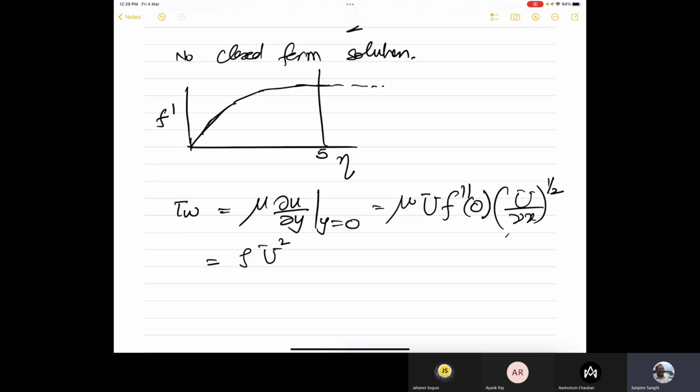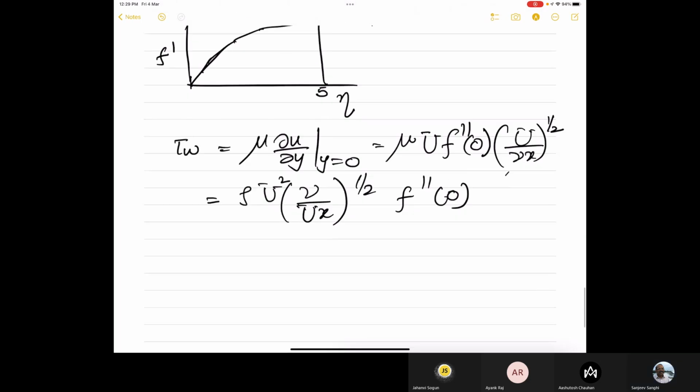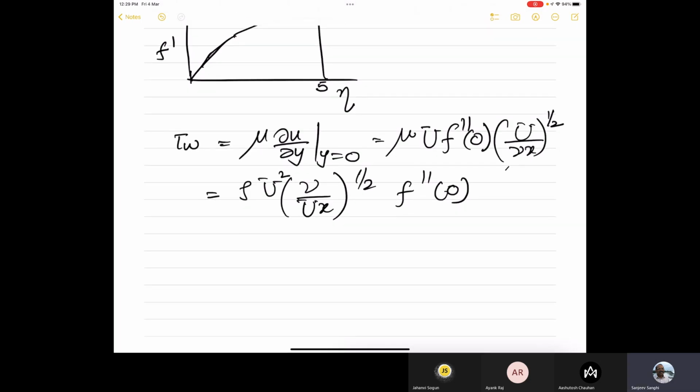So that's why this cancels out and we get rho u square times nu upon ux to the power of half times f double prime 0. And this we know is nothing but 1 over Reynolds number.